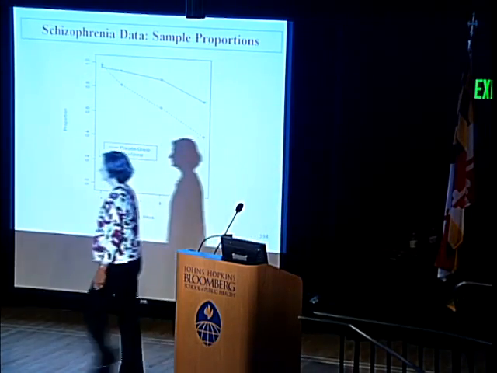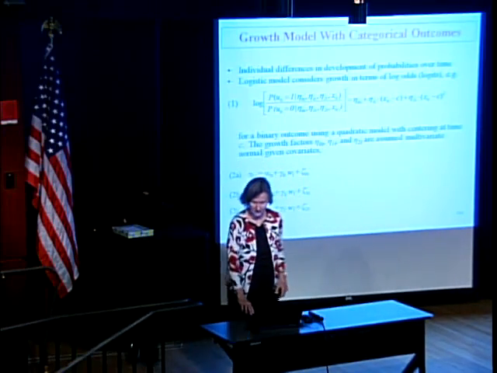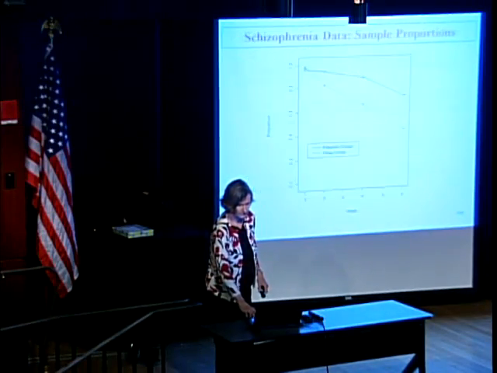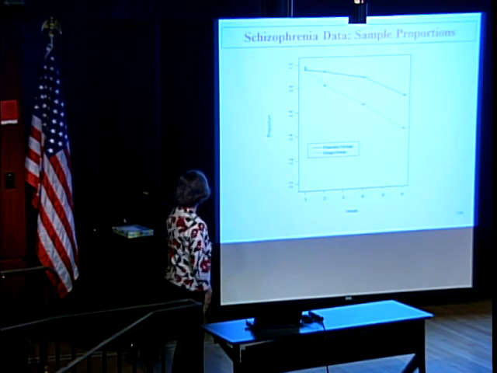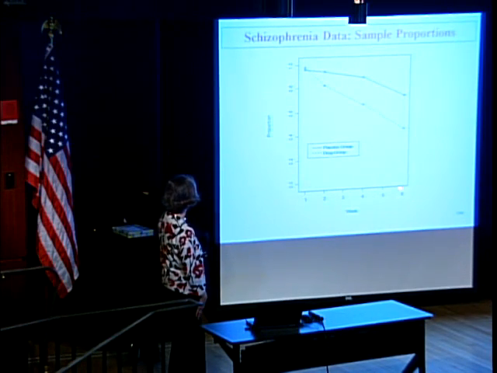So this is a diagram of what this looks like. The outcome variable is measured in proportions here. Here are the weeks, 1, 2, 3, 4, 5, 6. The placebo group is up here. The drug group is down here.